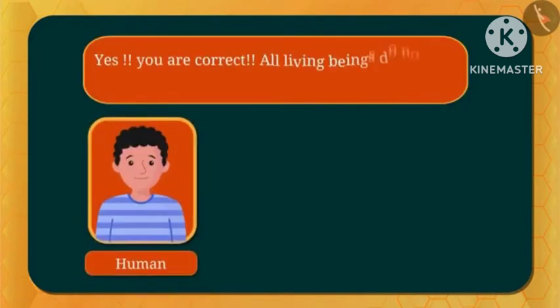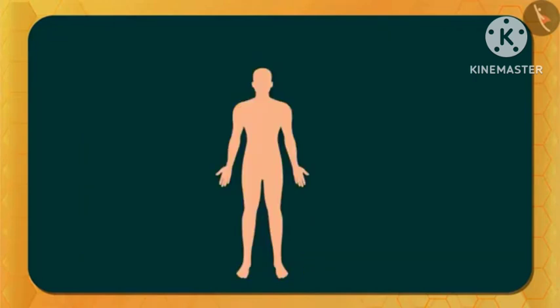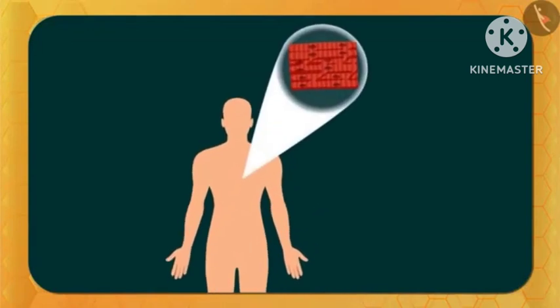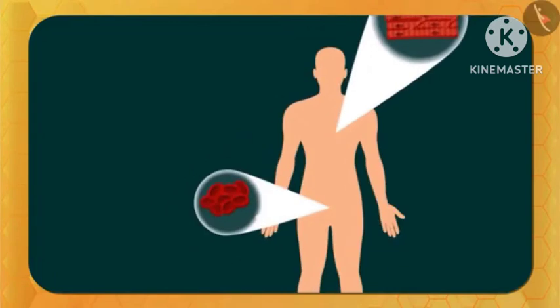Now human, animal, plant, are all the cells the same or different? Of course different, since we look very different. Our shape, size, everything is different, so cells must be different. This is the human body. If we zoom in, we can see various types of cells in it.